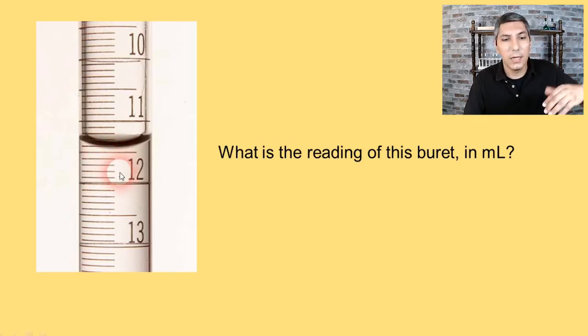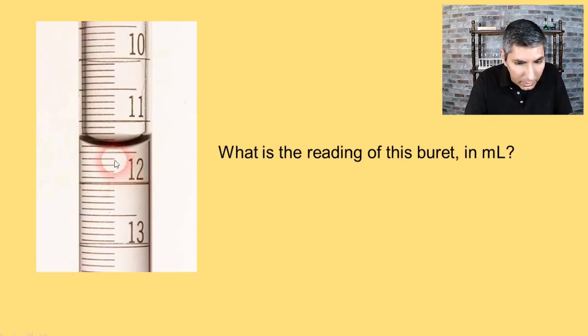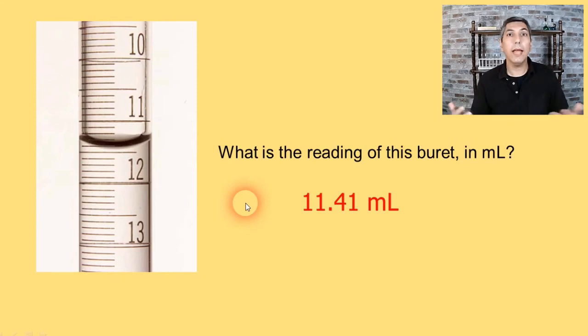We always read at the bottom or the vertex of the meniscus, that curvature in the liquid. So it's 11.4 something. But we need to read between the lines too, don't we? So we can see that it's just barely underneath this line right here. So it's like it's 11.4, maybe 0.41, I'd say. So we can estimate that 1 decimal place between the lines. So I would say 11.41.